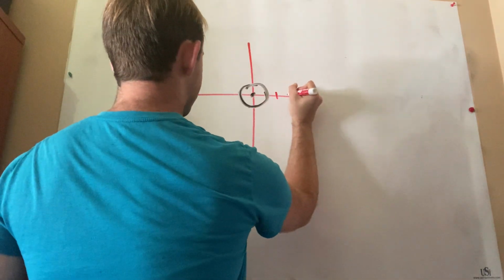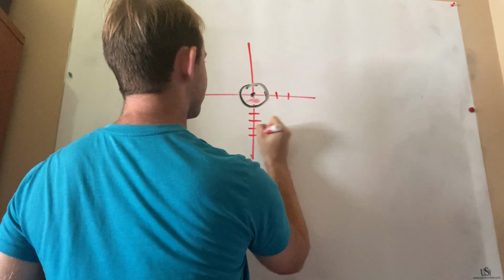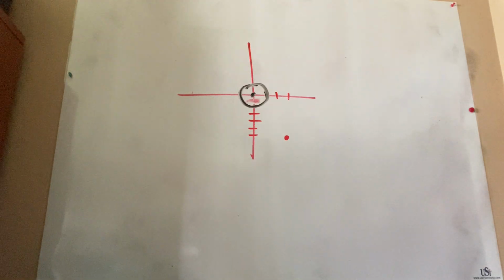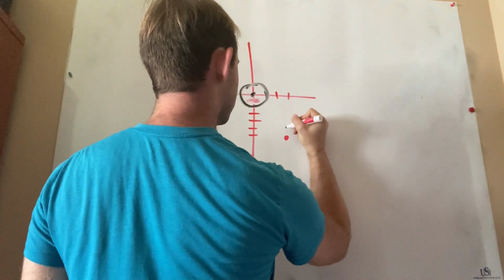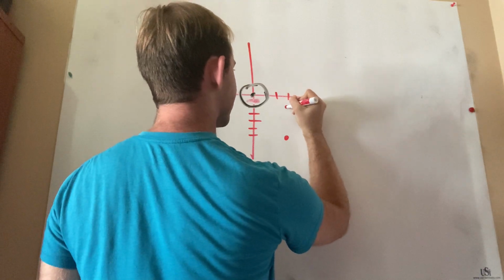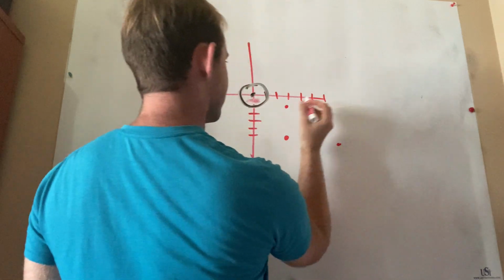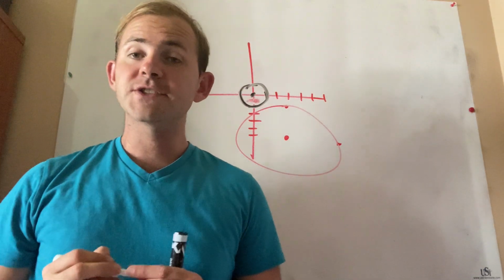It's centered at 3, -5, and it's about 3.5 wide, right there. Good enough, right?